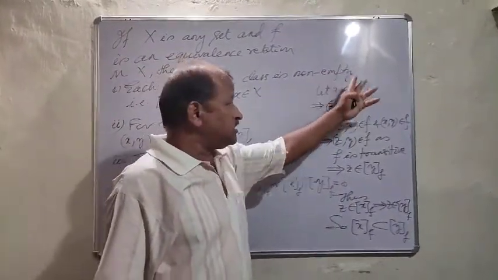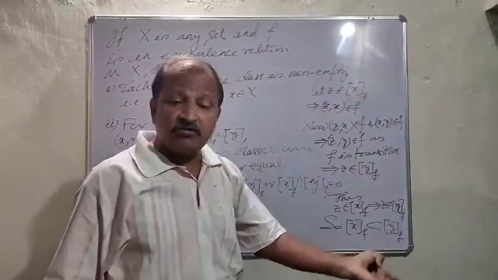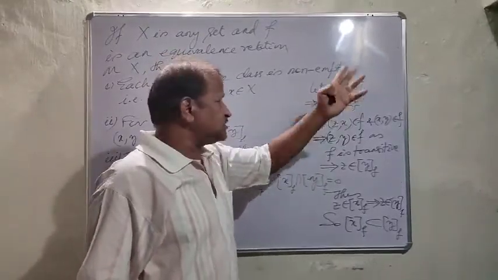Take an element Z in the equivalence class of X, and this implies Z is related to X. It is clear from the definition of equivalence class.